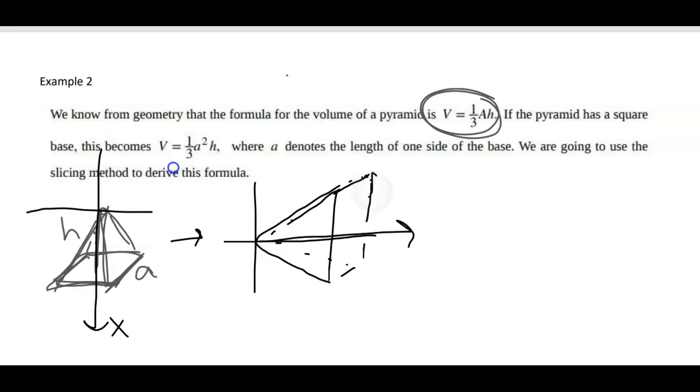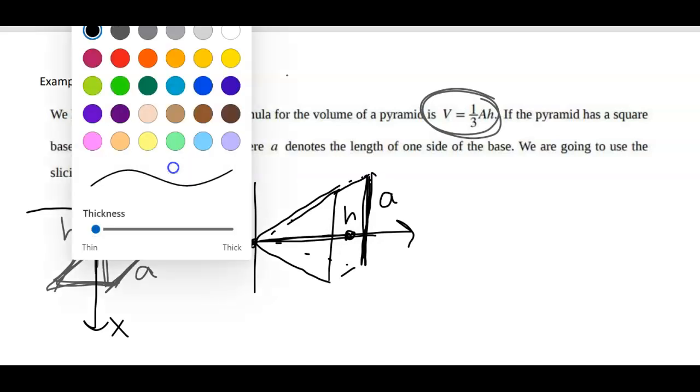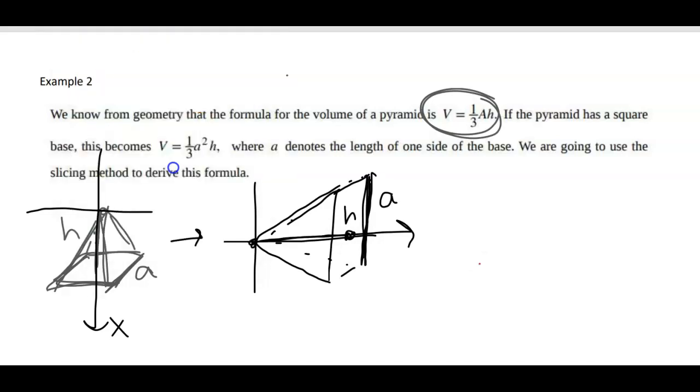Now I know this whole side length here is a, and I know that this goes from 0 to h.